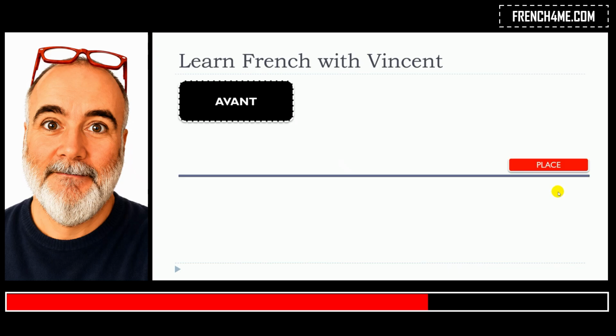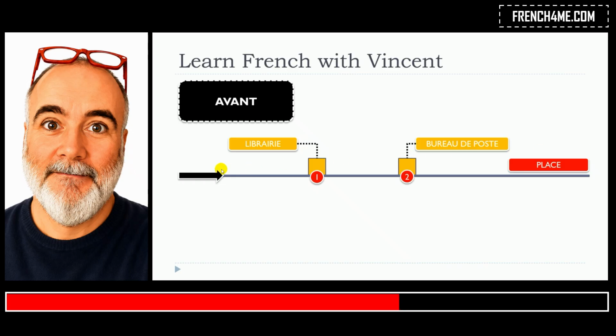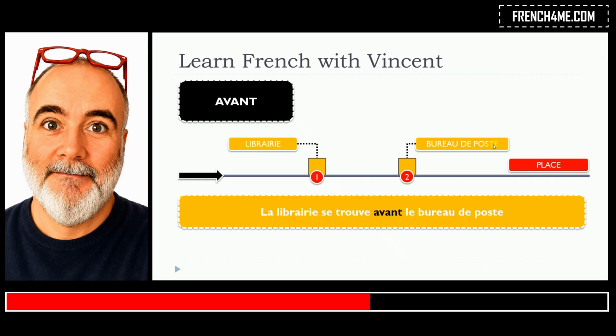Another possibility will be connected to the place and not the time. So just imagine that we're talking here about a street like that, and it goes in that direction. And then first you've got la librairie, and in second position here you've got le bureau de poste.